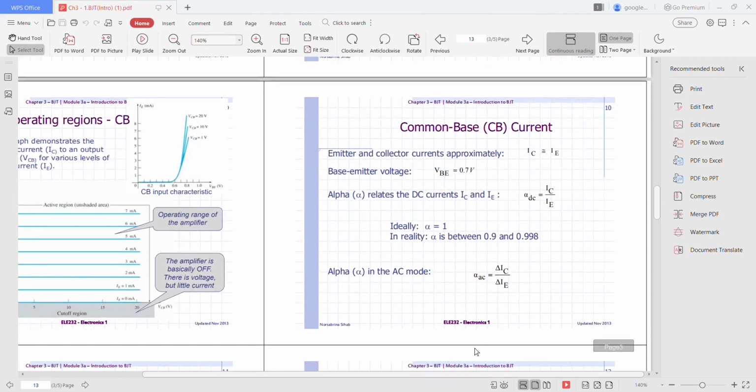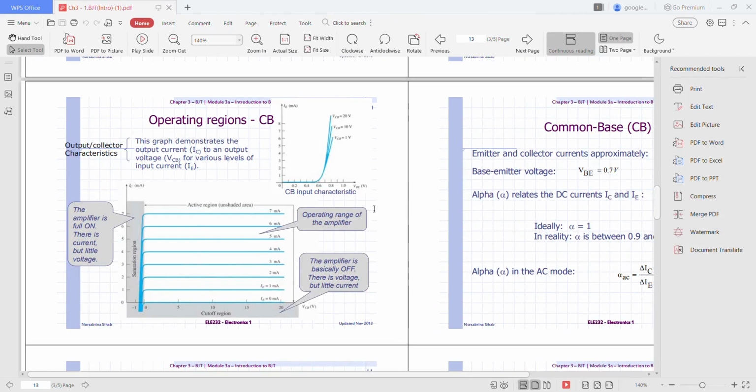So now we go on to the next slide. Operating region of common base. This is the output or collector characteristic for a common base transistor amplifier, and this is the input or driving point characteristic for a common base silicon transistor amplifier.